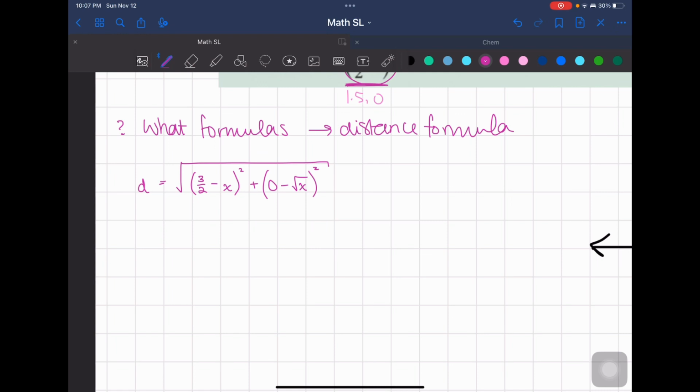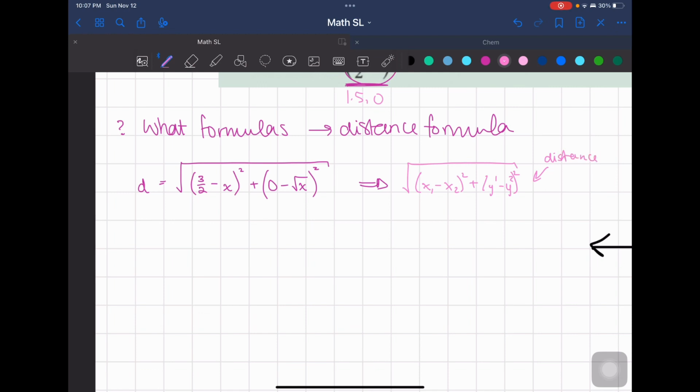So basically here, let me just put this in a classic formula way. We're going to go (x1 minus x2) squared plus (y1 minus y2) squared. This is going to be our distance formula. Distance.